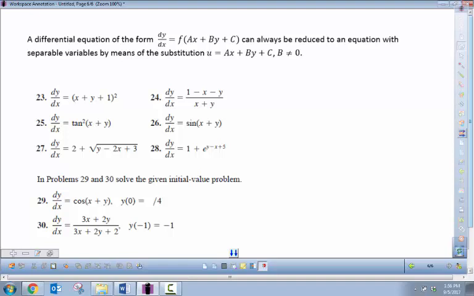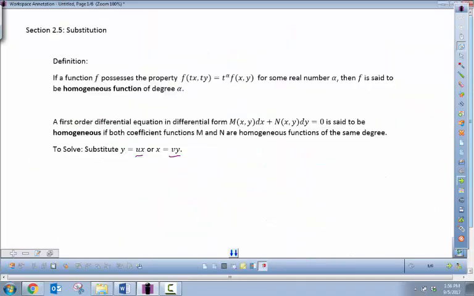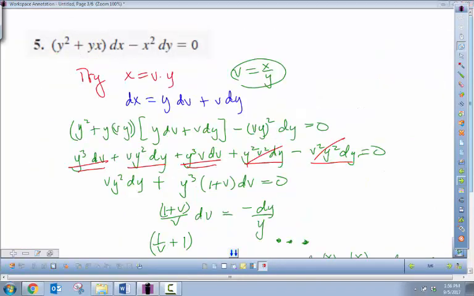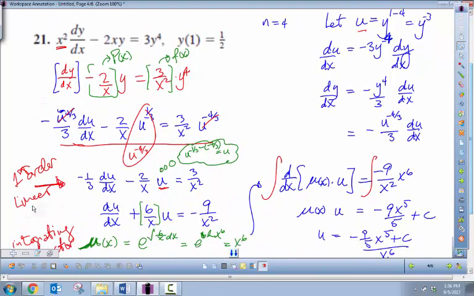Yeah? So for the Bernoulli, the Bernoulli equation has y to some power on the right-hand side. If you make the substitution, it should automatically turn into a first-order linear differential equation.